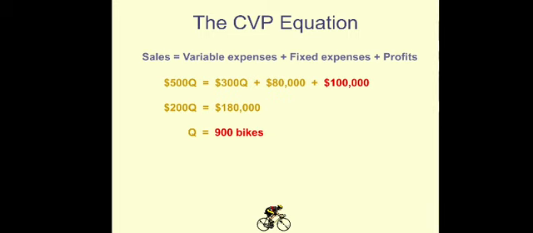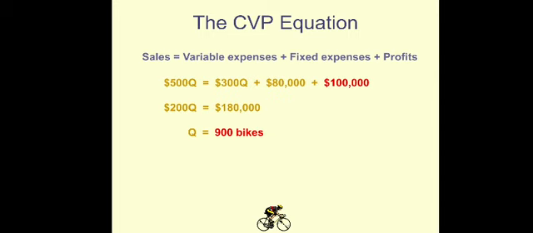For the bicycle example, Q is the quantity that you want to know: how many bicycles have to be sold to achieve the $100,000 profit? One bicycle, the price is 500 times the quantity, that is the total revenue. And the total variable cost is $300 per unit times the quantity.